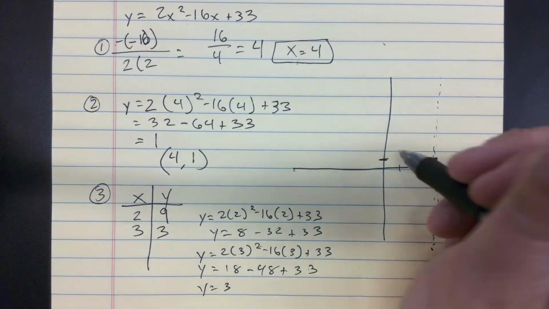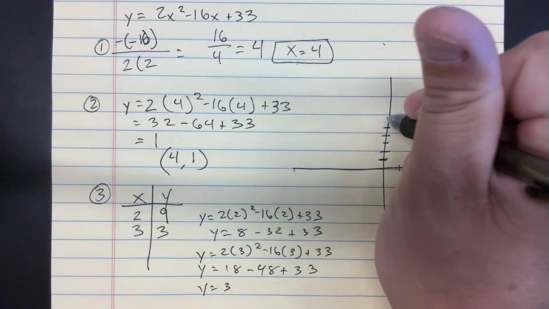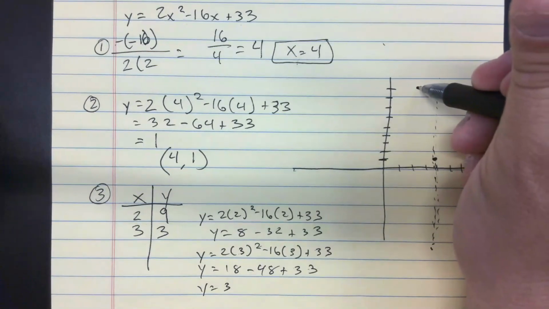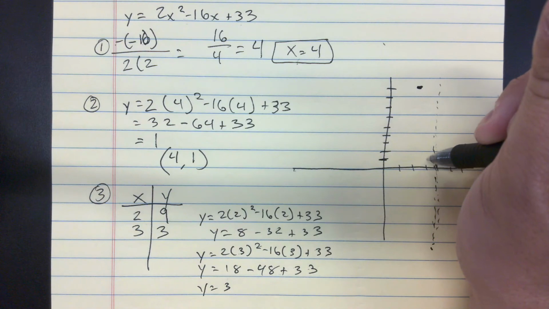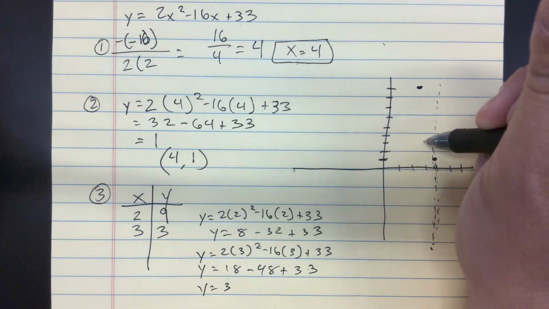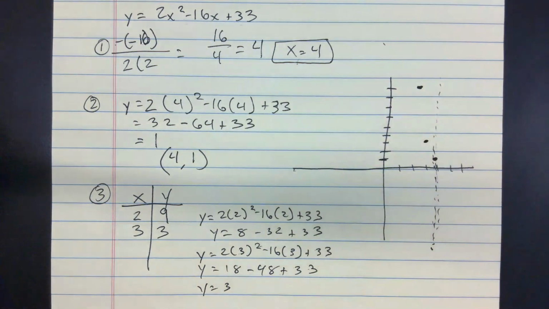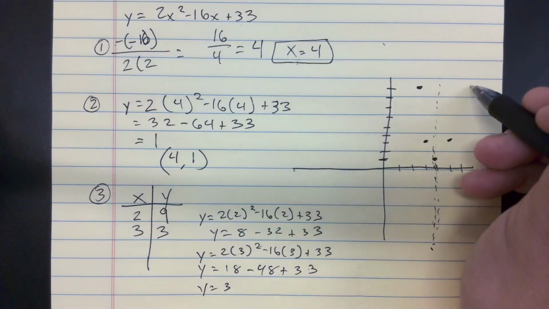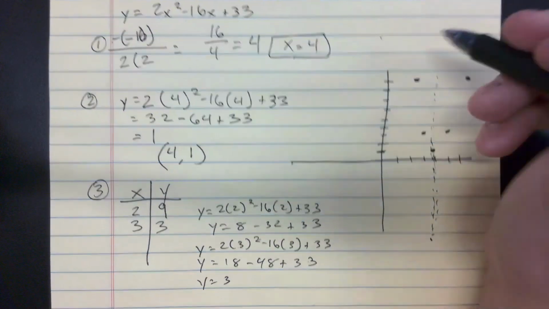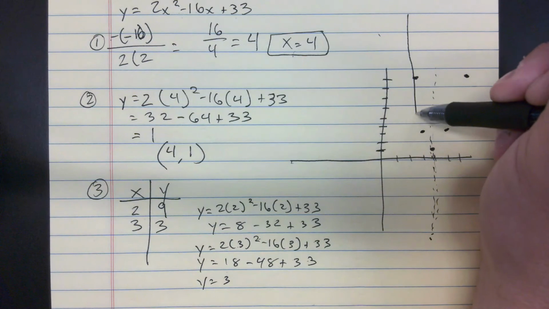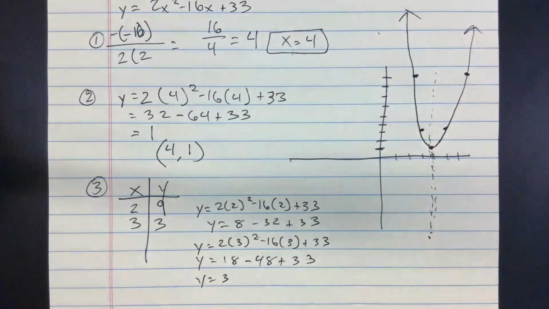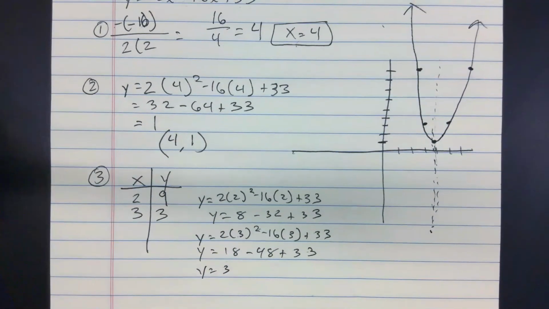We have 2 and 9, and 3 and 3. What do we do next? Yeah, we have to put matching points on the other side of the line of symmetry. Then we can graph it. There's a button on Alex, remember, that clicks graph. Boom, we graphed it. Cool looking parabola, right?